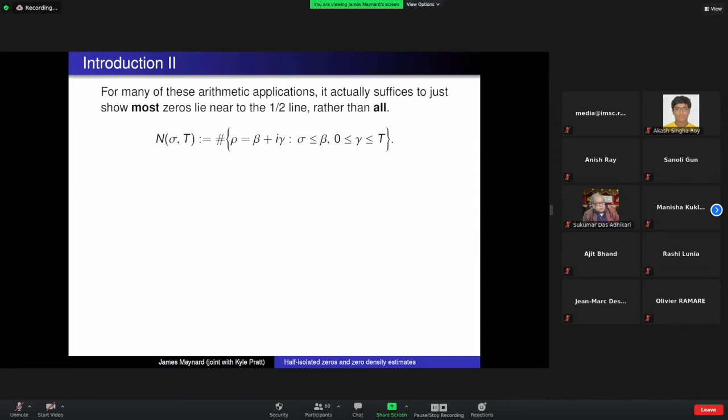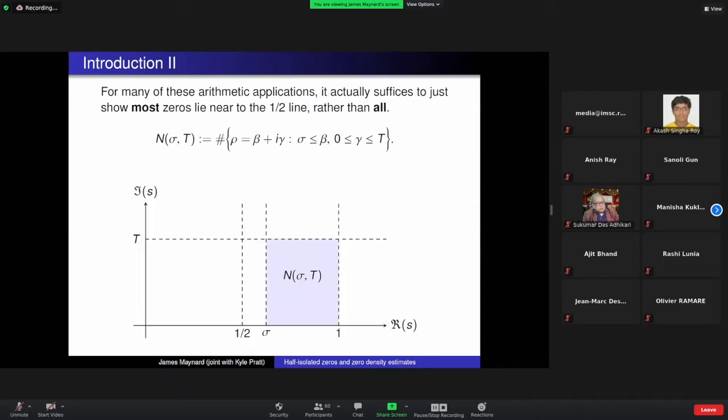One way of measuring this is to let N(sigma, T) be the count of the number of zeros with real part at least sigma and imaginary part at most T. So we're just counting zeros in a box. We know all the zeros have real part less than or equal to 1. So we're given some number sigma and some number T, and N(sigma, T) just counts the number of zeros in this box here.